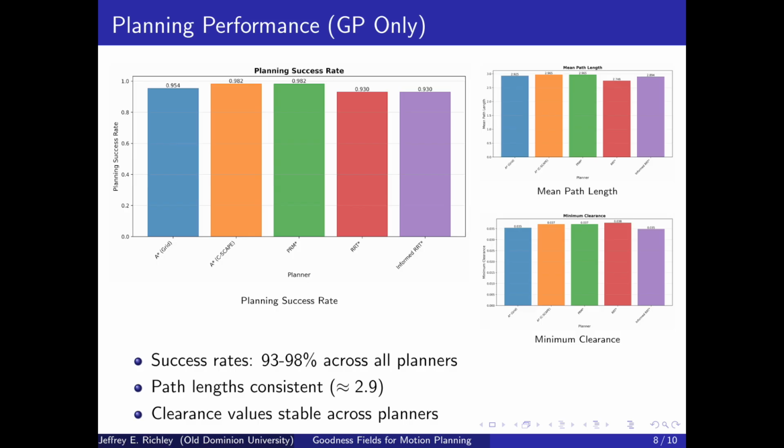It shows that the surrogate guided planners produce paths that are comparable in quality and safety to those generated using exact collision checking. The key takeaway is that goodness fields change how the planner reasons about feasibility without changing what the planner ultimately produces. We gain computational efficiency while preserving the planning behavior and control relevant properties that these algorithms are designed to deliver.